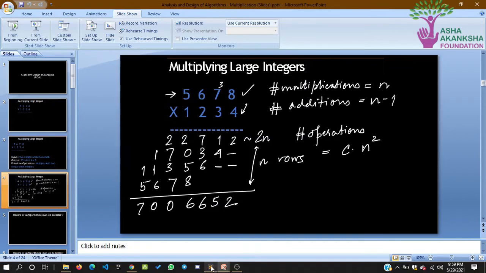So in the end, to generate this particular matrix of numbers, these rows and columns, we have to first perform n multiplications, and in each multiplication we can at most have n minus 1 additions. So we have order of n square calculations to get this matrix.